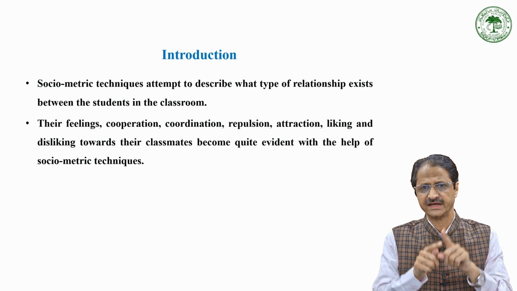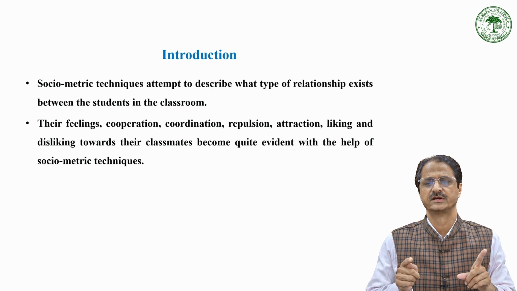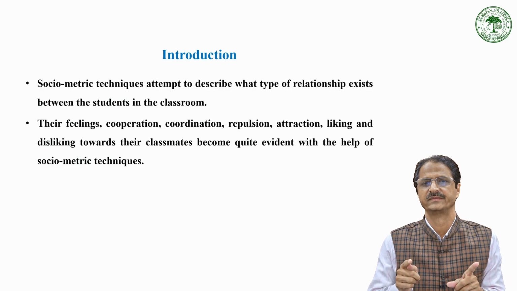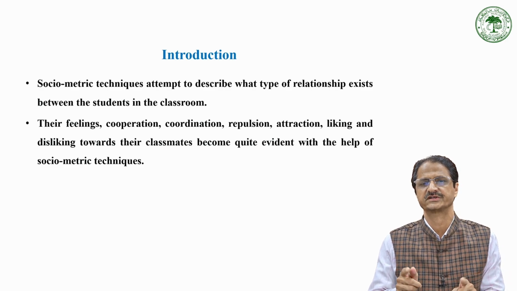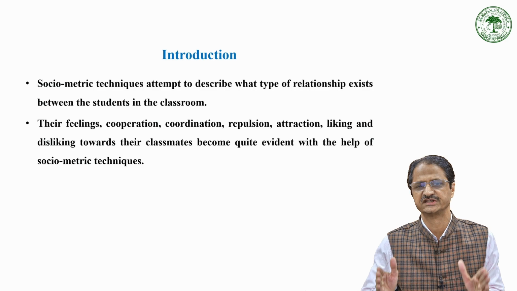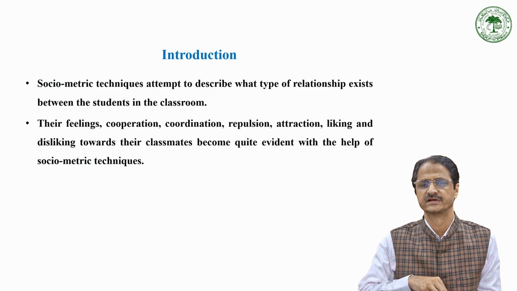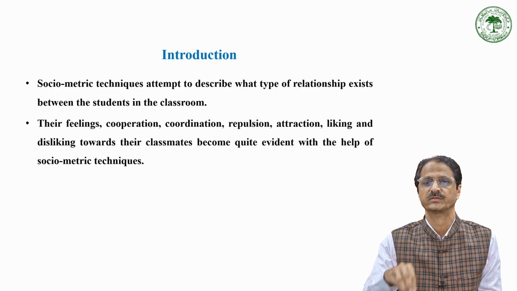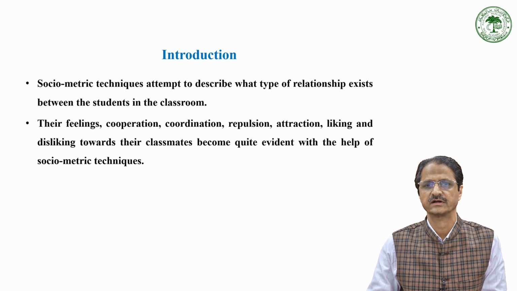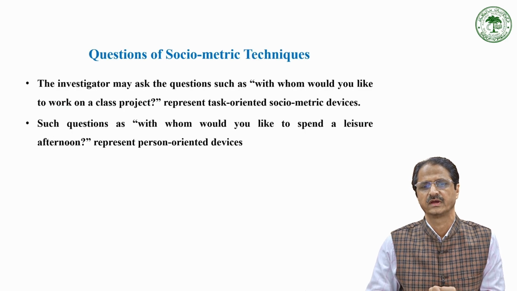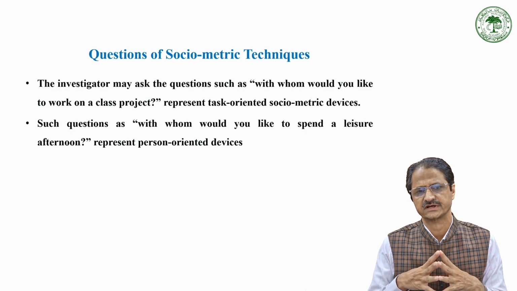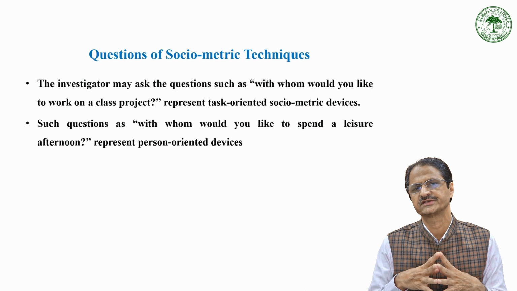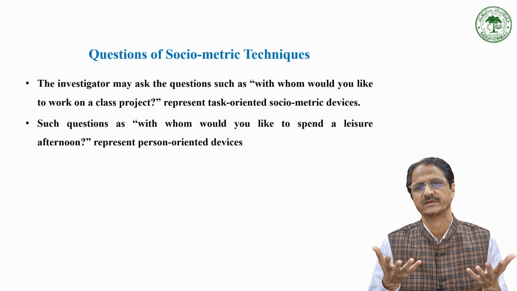So, if anybody is interested in knowing the group dynamics or the type of relationship students enjoy with each other, these sociometric techniques, being the simplest, will provide input about the type of relationship members enjoy in any group. There are certain questions which are basically asked. On the basis of that, we evaluate the type of relationship.